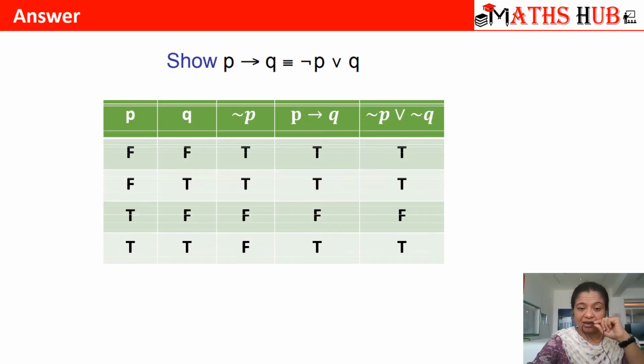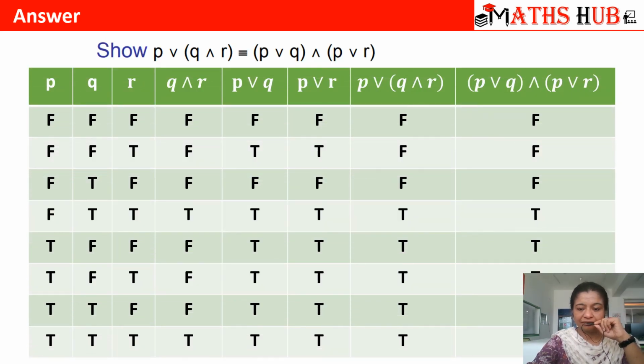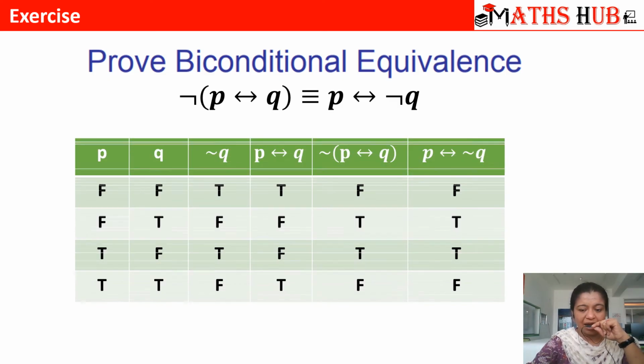The answers are given here, right? And then check the next exercise. You need to prove the biconditional equivalence: negation of P biconditional Q is logically equivalent to P biconditional negation Q. And again, the answer is given here, right?